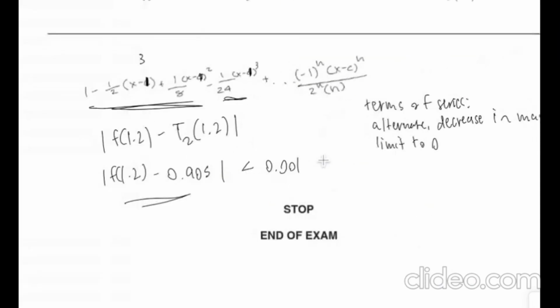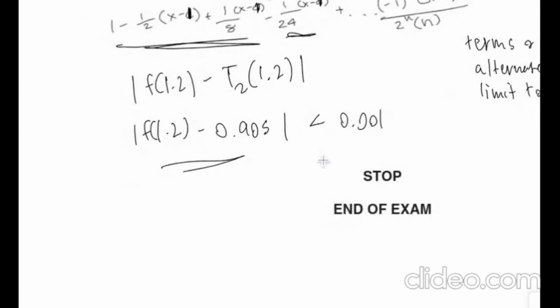So pretty much all we need to do is plug 1.2 in for x for that, which is just the absolute value of negative 1 over 24 times 0.2 cubed. And that is just 1 over 24 times 1 over 5 cubed, which I believe is 1 over 3,000.